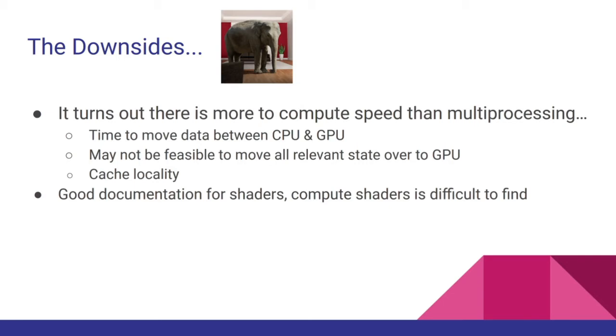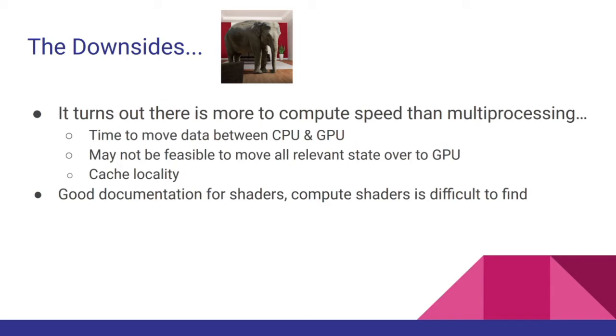If you've taken CSE 351, if you're a CS student, you'd know that it takes a huge amount of time to get data from main memory to the CPU, and that's why we have caches. Well, it's a similar process for sending data over to the GPU.